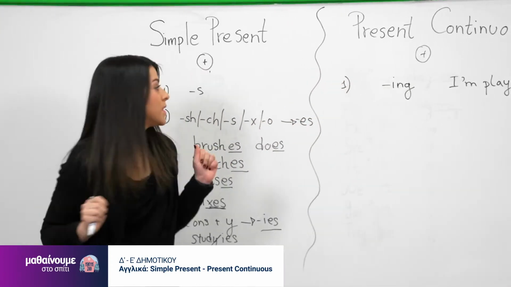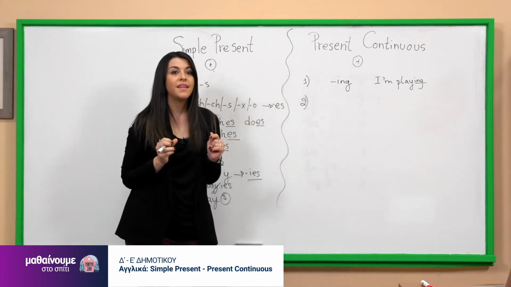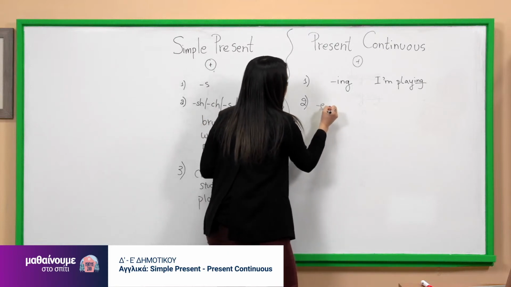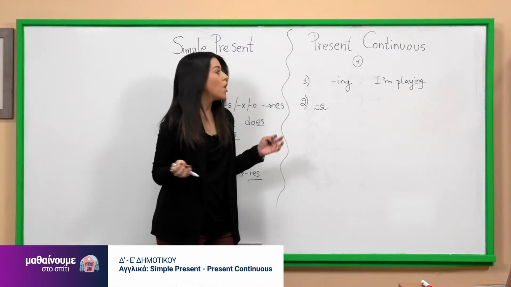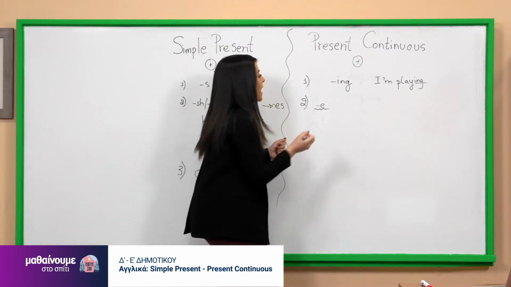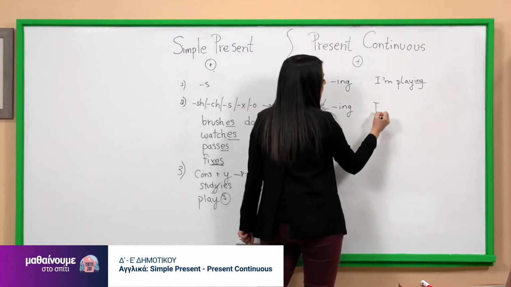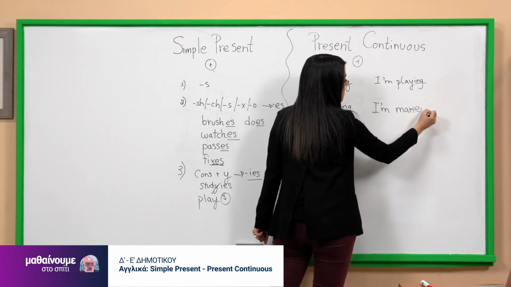Number 2. When the verb ends with a silent E, like make or take, we erase the E and again we add ing. So, let's say I'm making.